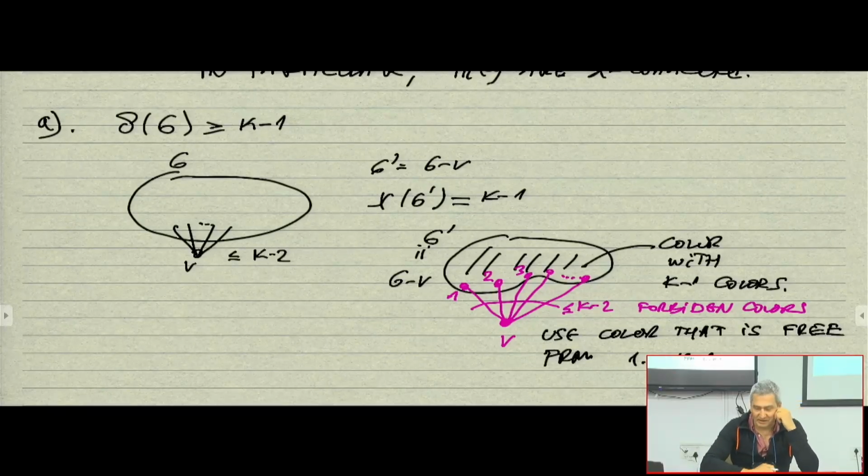Here we have K colors. Sorry, here is K. Yes. So then I have a free color to color it. Yes. This is how.